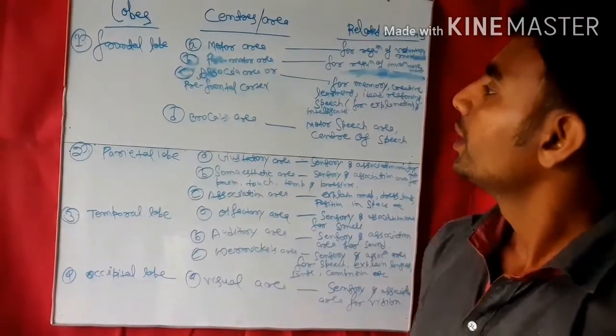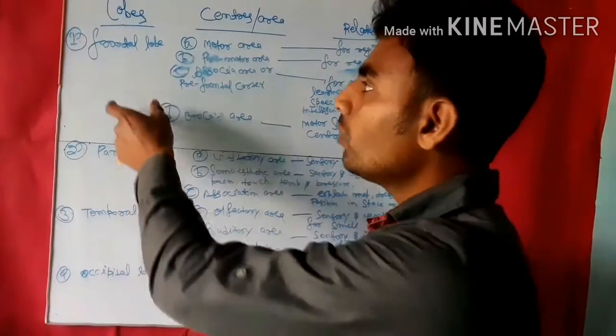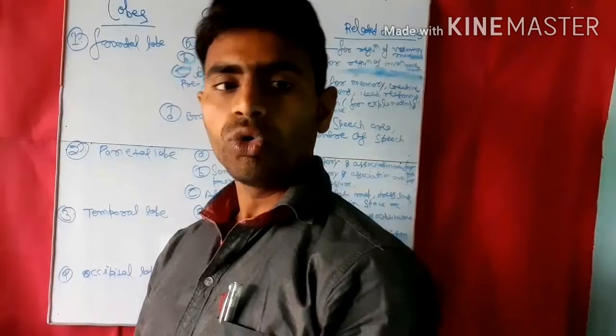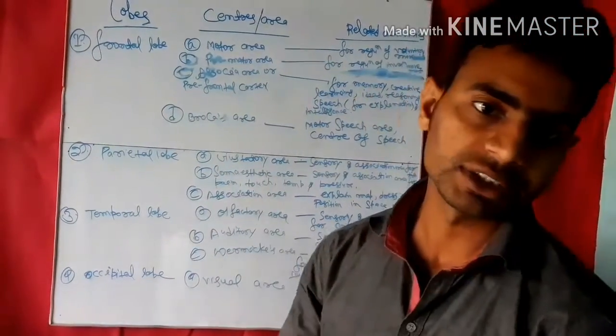The third area present in the frontal lobe is the association area, also called the prefrontal cortex.